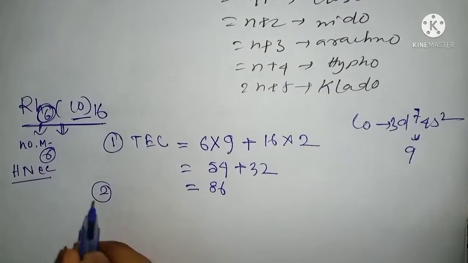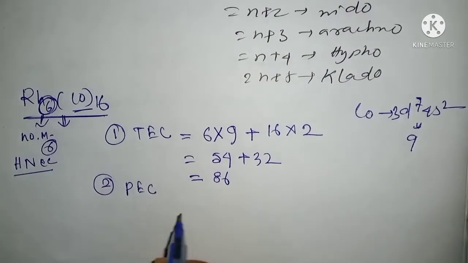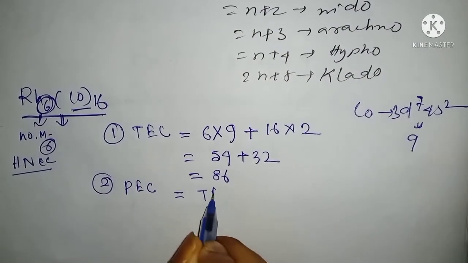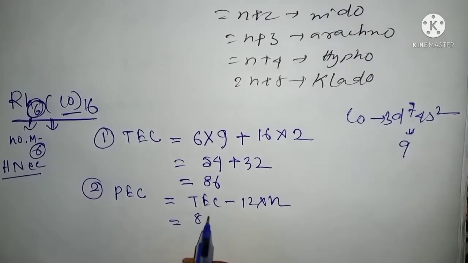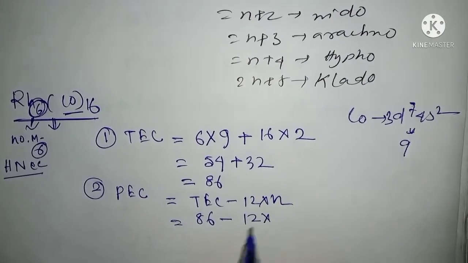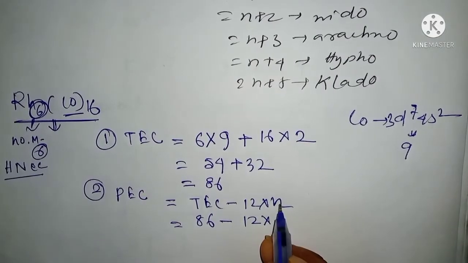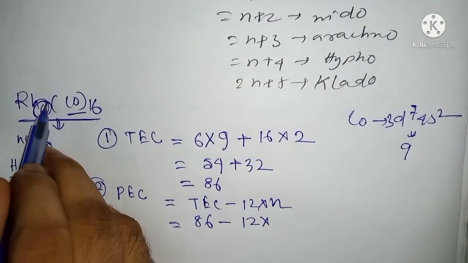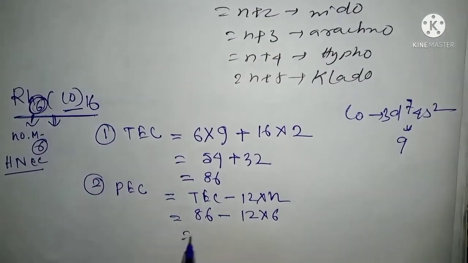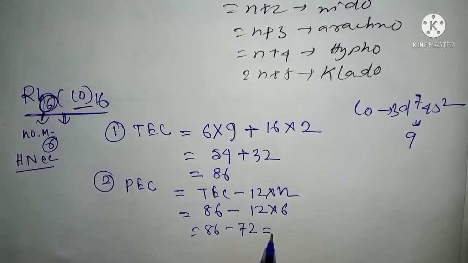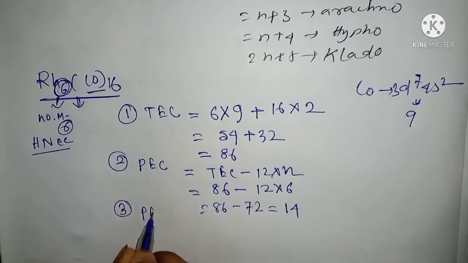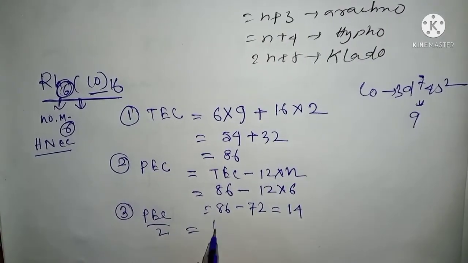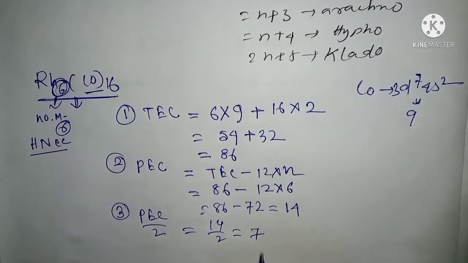Now second, calculate polyhedral electron count equal to total electron count minus 12 into n, where n equals the number of metal atoms, which is 6. So 86 minus 72 equals 14. Third, calculate polyhedral electron count by 2, which is 14 by 2 equals 7.